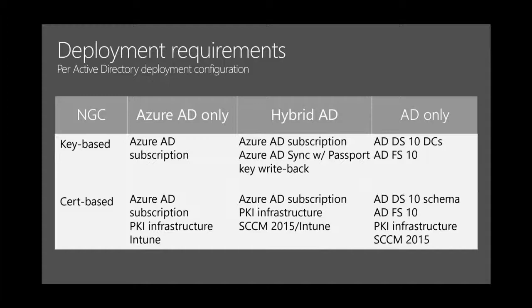Not just in your Azure AD. And for cert-based, again, PKI infrastructure and System Center Configuration Manager with Intune for this hybrid setup where you connect Intune with your System Center.